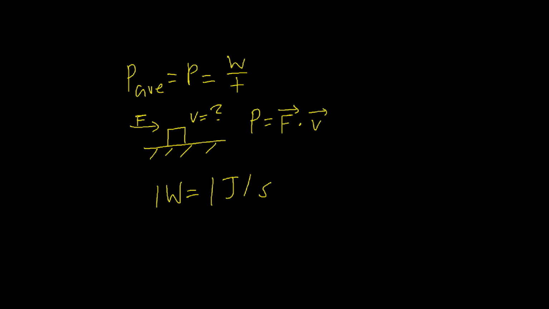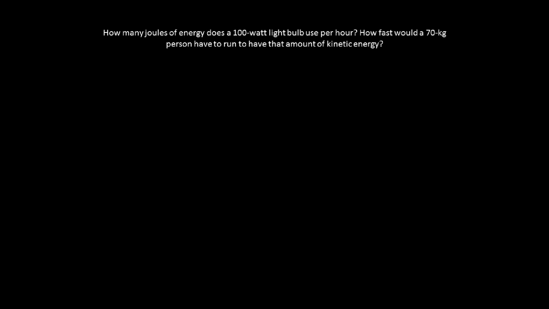So let's try to grasp how to use the formula with this problem. How many joules of energy does a 100 watt light bulb use per hour? How fast would a 70 kilogram person have to run to have that amount of kinetic energy?